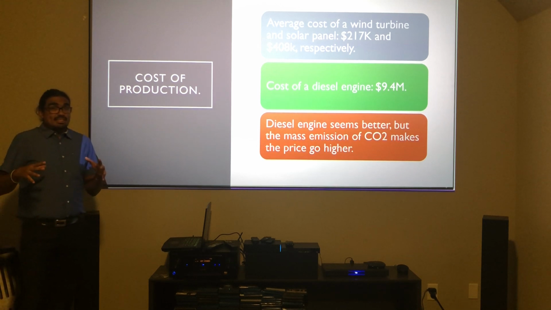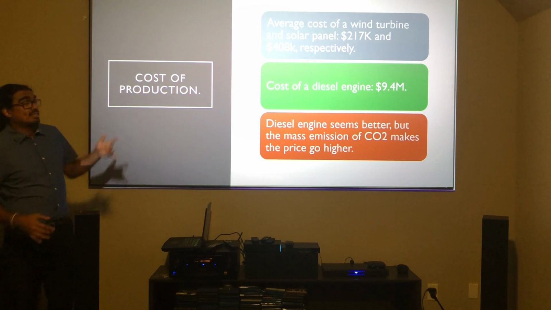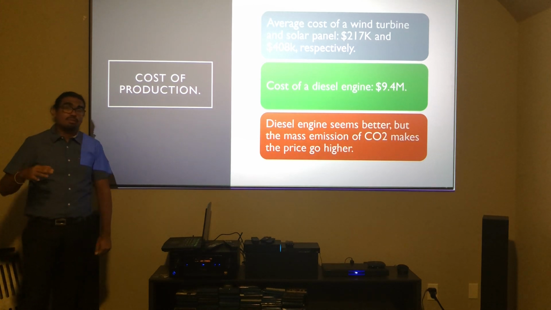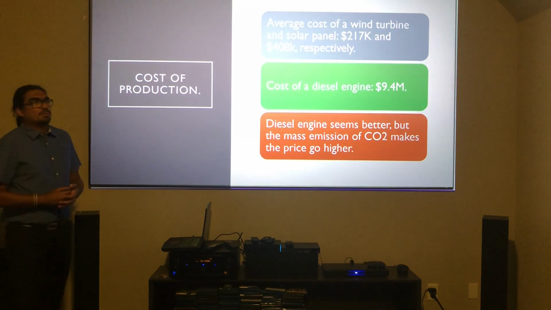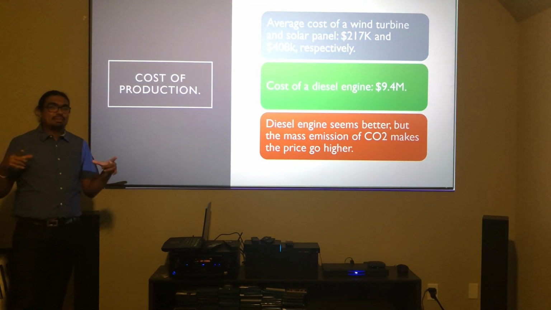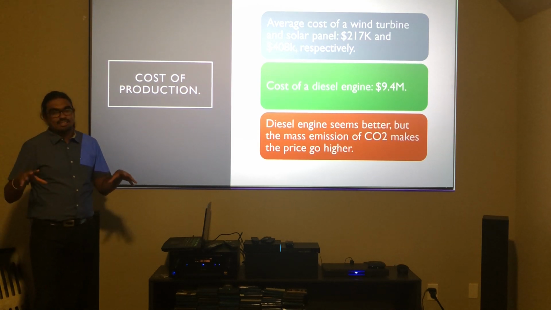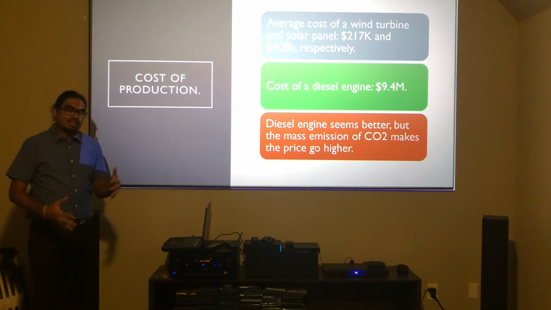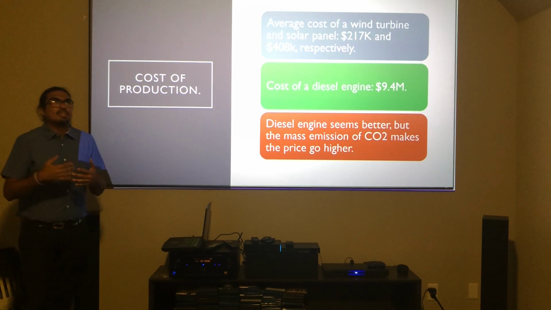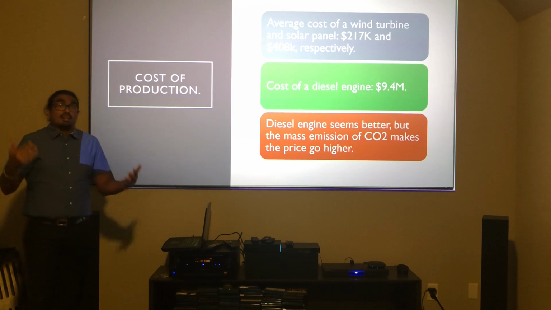And the big difference is because both of them are producing 4,800 kilowatts per hour, which means the solar panel will have to be humongous, the size of Texas. Not actually, but it will need to be very big in order to compete with the turbine, because wind turbines are known to be super huge and to produce a lot of energy.